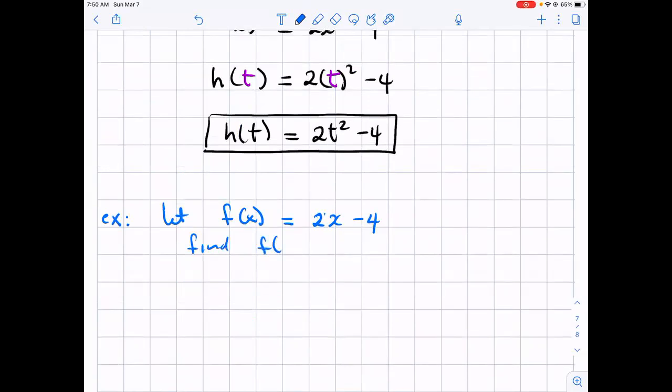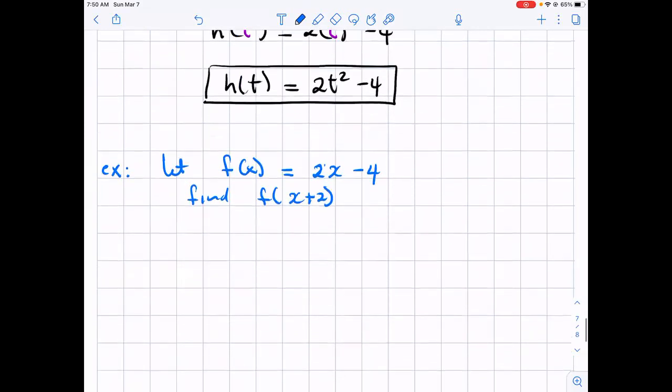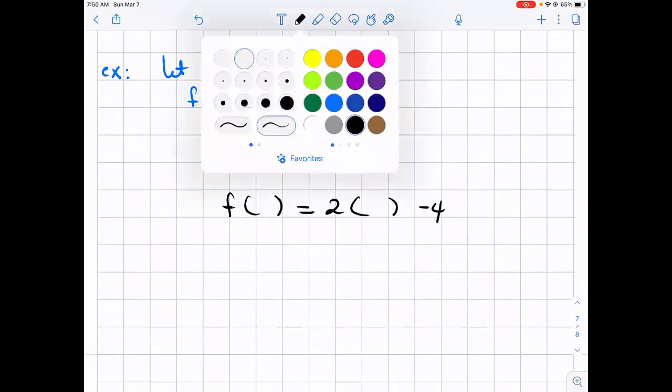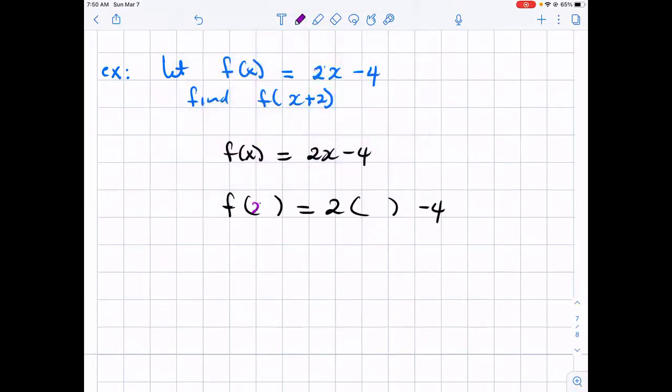And we want to find f of x plus 2. So notice now that f of x is given to us, but instead of using x anymore, we are now replacing that with x plus 2. The x is being replaced, so this x is also going to be replaced with x plus 2.